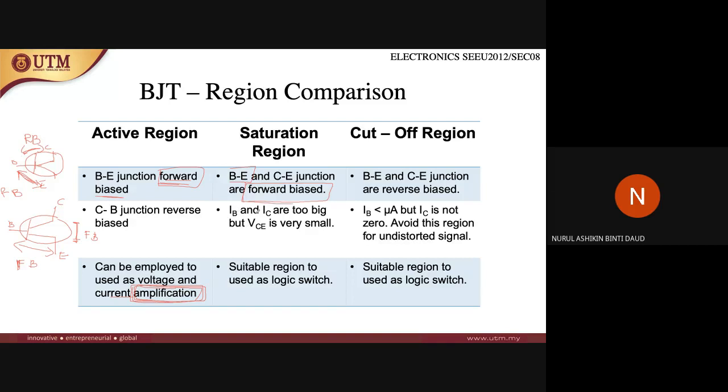The currents IB and IC are too big because it is in saturation, like fully opening the tap water.